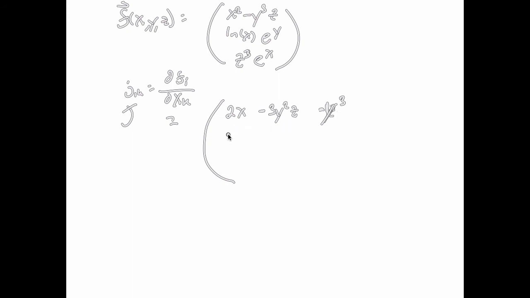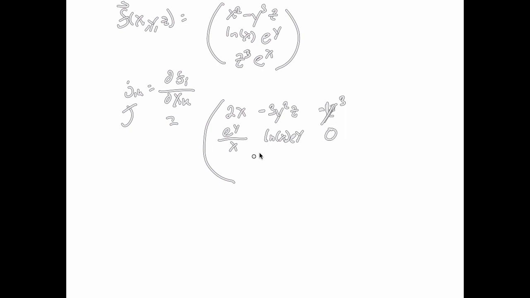And let's see, the next one is the second element of the function. That's the next row of the Jacobian. So there's an x. The derivative of natural log is 1 over x. So there you go. E to the y is a constant with respect to that partial derivative. This stays the same because the derivative of e to the y stays e to the y. And finally, there's no z there at all, so that's a big 0.